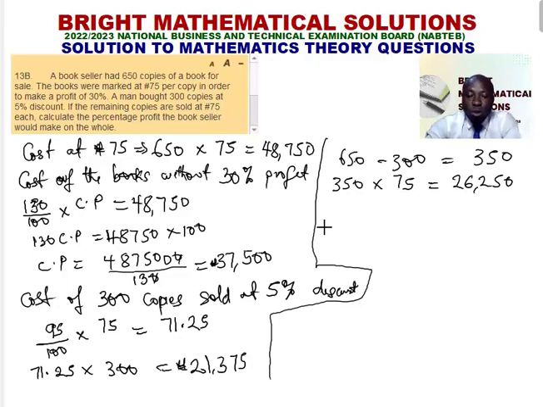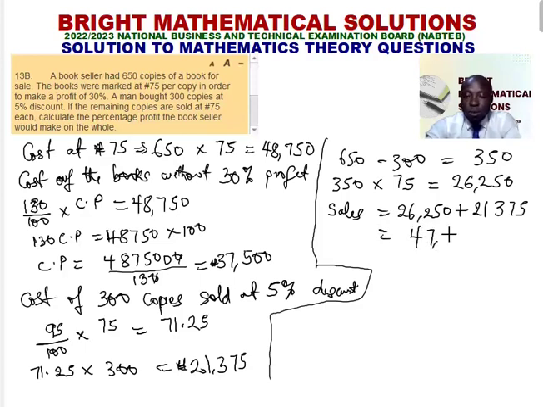So what is the total sales? Sales now becomes 26,250, this is the amount for 350, plus 21,375, and that gives us 47,625 naira. Now this is the sales.